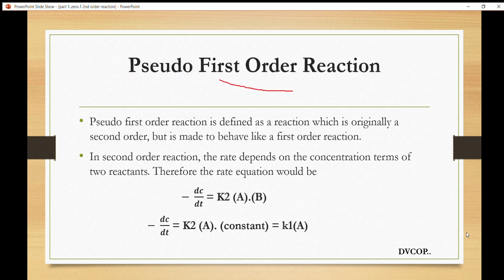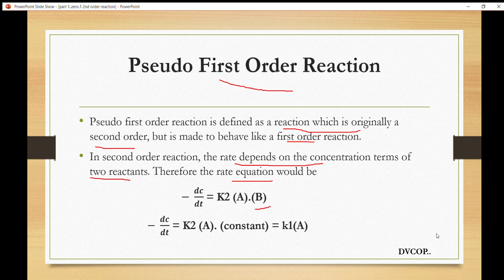Pseudo first order reaction is defined as a reaction which is originally second order but behaves like a first order reaction. In second order reaction, the rate depends on concentration terms of two reactants. Therefore, the rate of reaction, minus dC upon dt, is equal to K2, the rate constant for second order reaction, times the concentration of reactant A times the concentration of reactant B. In this condition, one reactant is present in excess quantity.